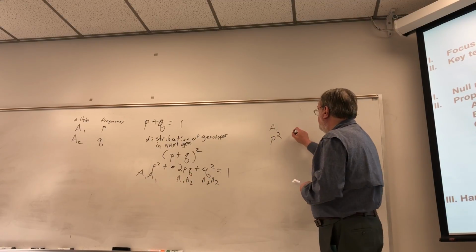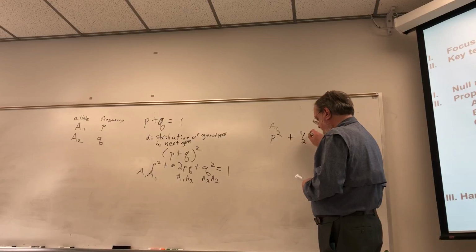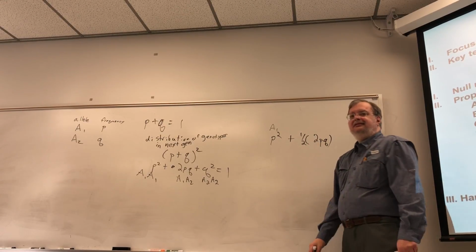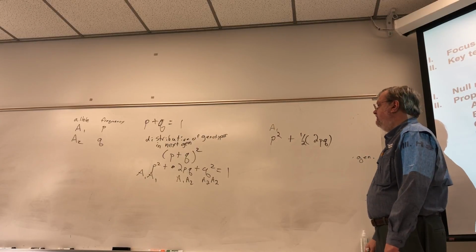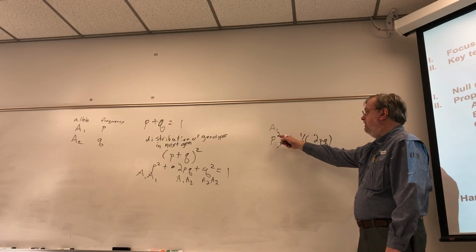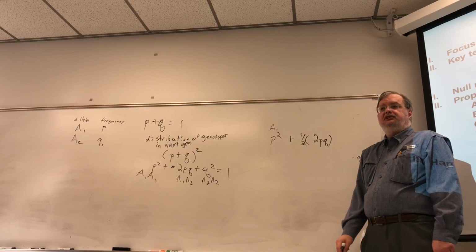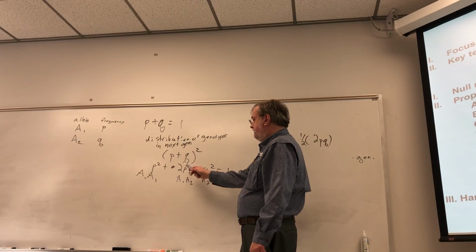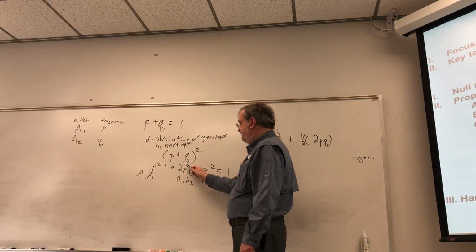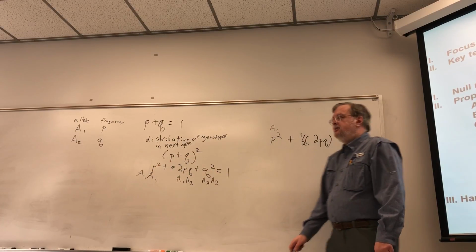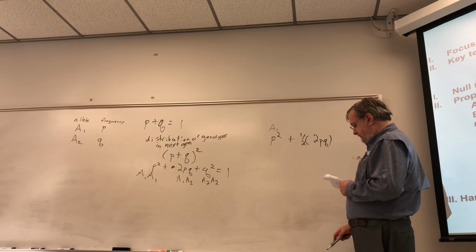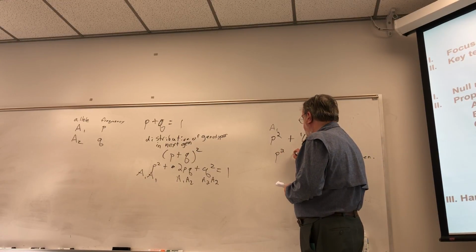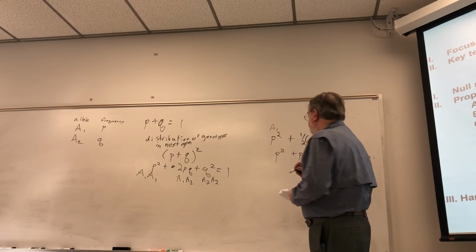So basically, we have P squared plus 1/2 of 2PQ, which must be the frequency of P in the next generation, because half of them come from the heterozygotes, and then we're getting the P squared. So what do we do with that? Well, if you do a little algebra, this comes out to P squared plus PQ.